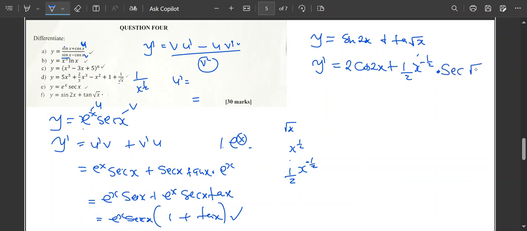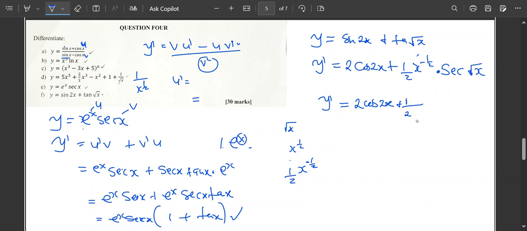So we have sec, the same thing there, in the root like that. Now y prime is equal to 2 cos x, like that. We maintain the angle. Then this one will be 1 over 2, plus by the way.